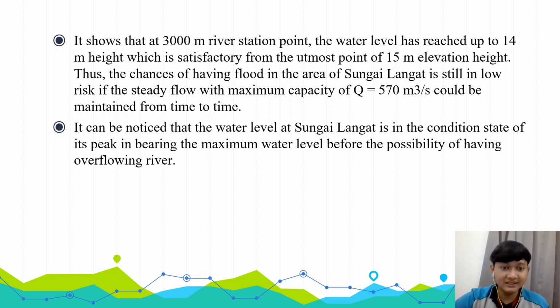Thus, the chance of flooding in the area of Sungai Langat is still low risk if the steady flow with the maximum capacity of Q 570 meter cube per second can be maintained from time to time. It can also be noticed that the water level at Sungai Langat is at its peak condition in bearing the maximum water level before the possibility of the river overflowing.